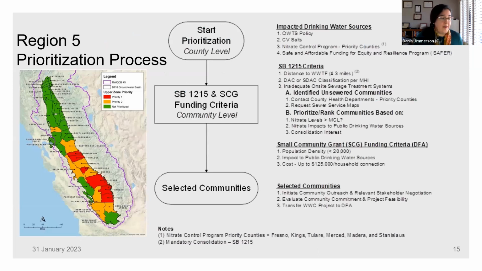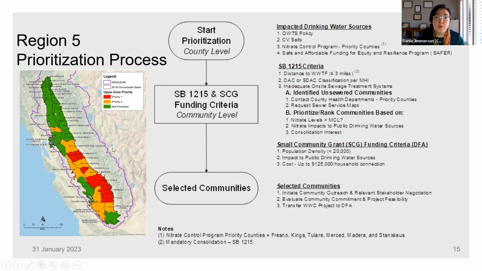Within Region 5, we are very fortunate that our region already has a couple of programs in place, such as the on-site wastewater treatment systems policy, CVSALs, and the nitrate control program. Within the nitrate control program, for example, they have already identified 6 priority counties that are part of the management plan zones.